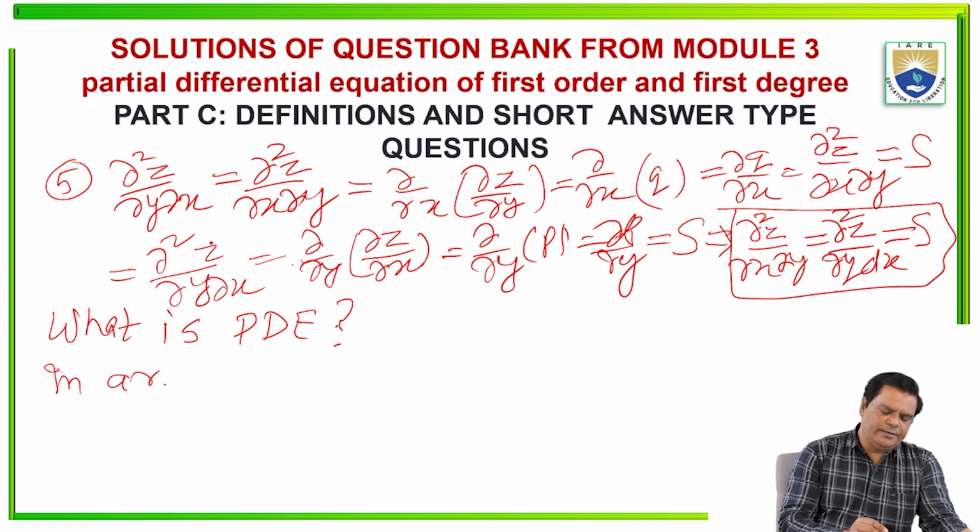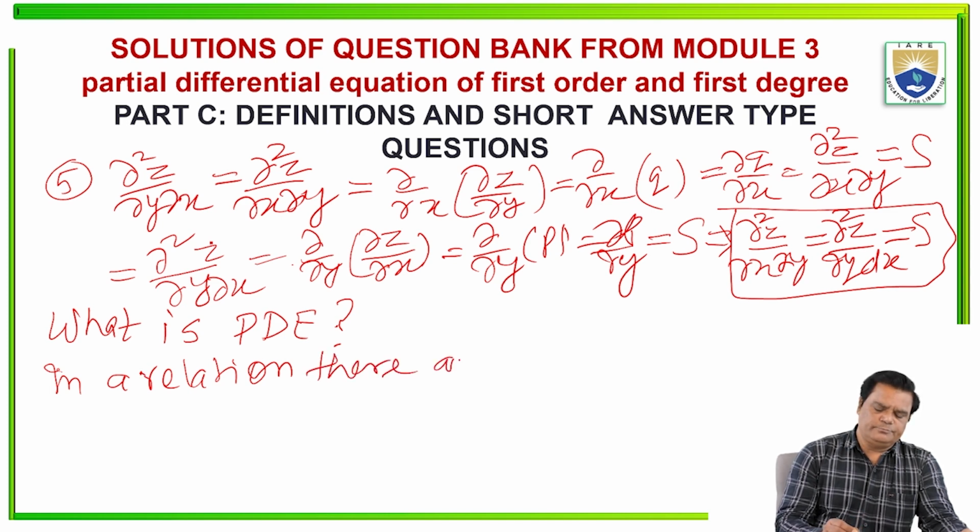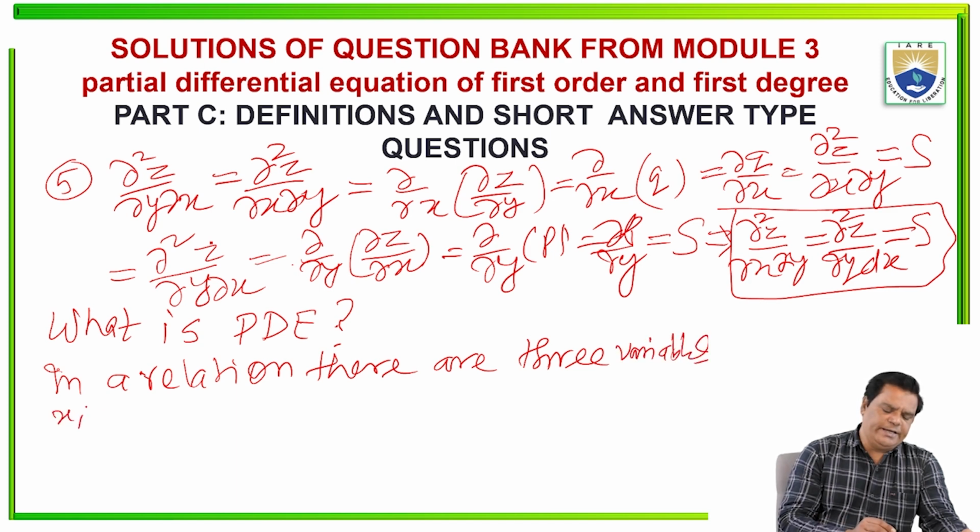In a relation, there are three variables x, y and z.